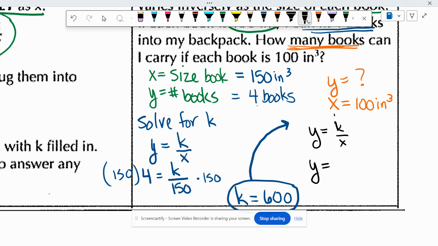So Y equals, well, K is 600 divided by X, which is 100. So how many books can you carry? 6. So you can fit 6 books.